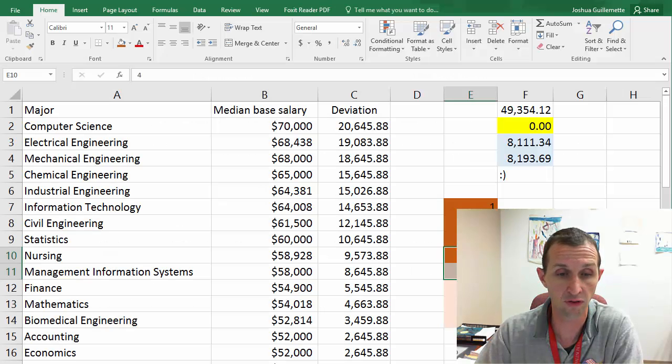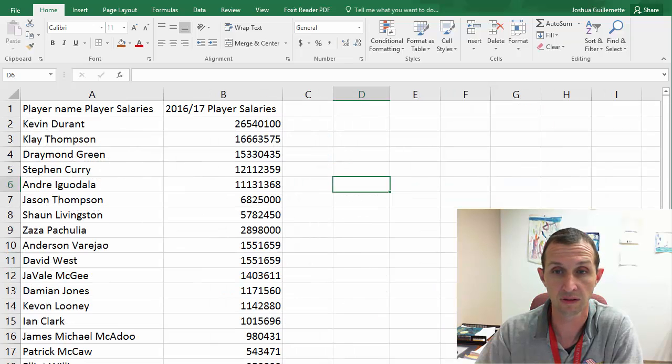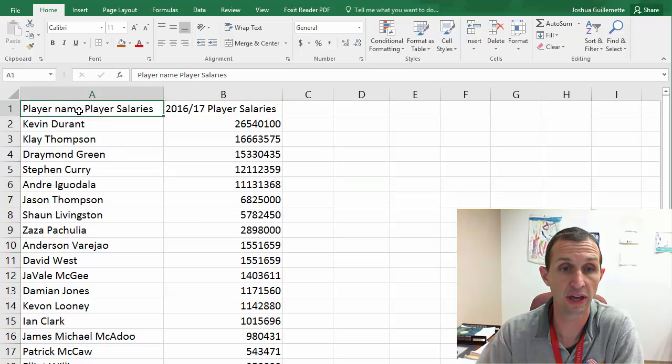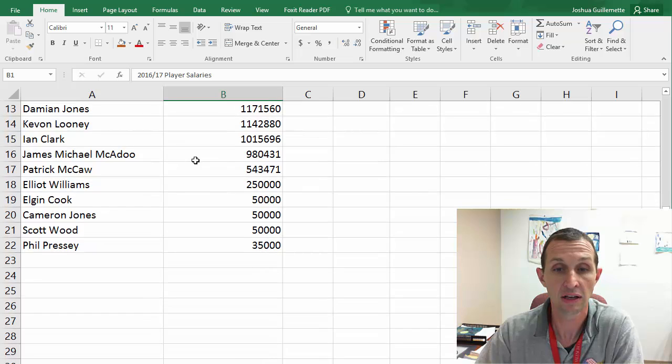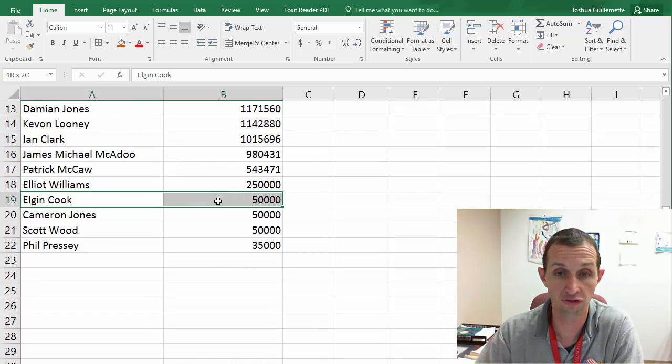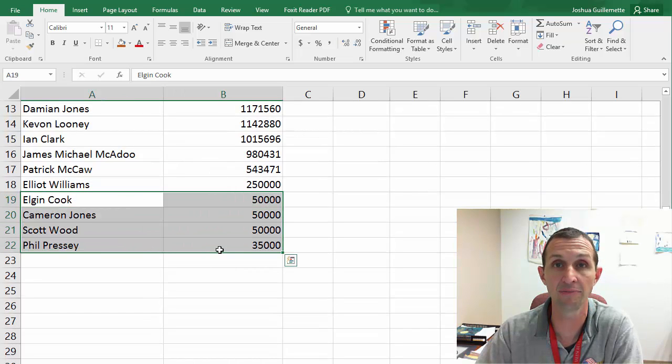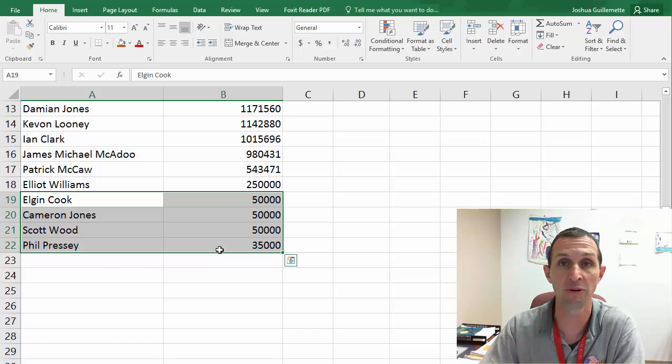Surely. So let's go over, and I'm going to go to sheet number 2. I've got the players' names, Kevin Durant, Klay Thompson, Draymond Green, and then I have their 2016-2017 player salaries. Now, there are 4 players at the bottom that are making less than the league minimum.